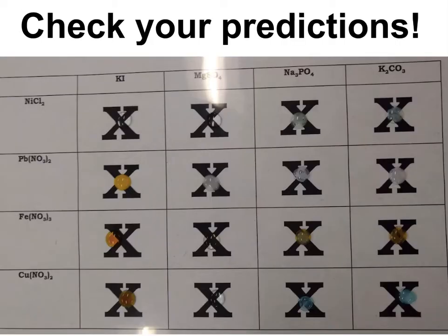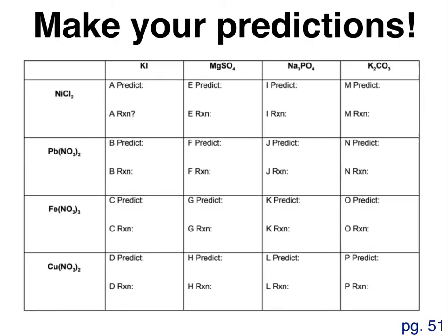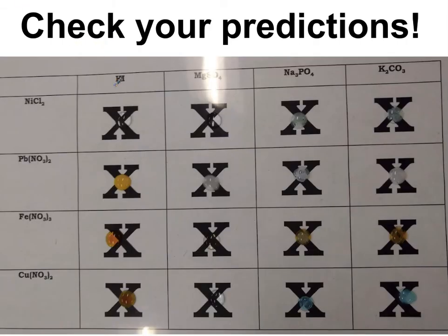Okay, so hopefully you were able to check your predictions. Let's see how your predictions match up with the actual lab results. So we have this picture from when we've done this lab in the past, and you might notice that some of these, like this first one that I did with you all, were no reaction. We still ended up with just this clear solution.